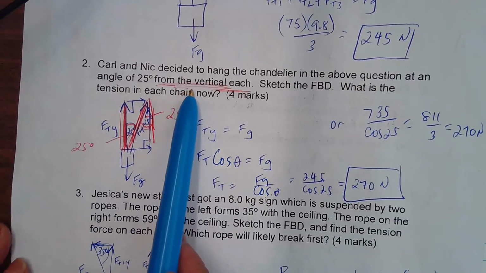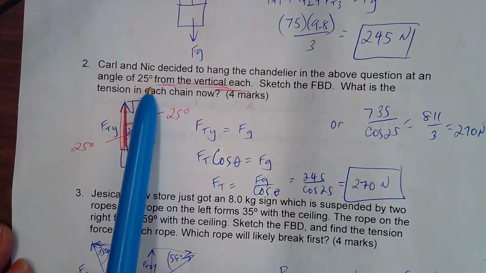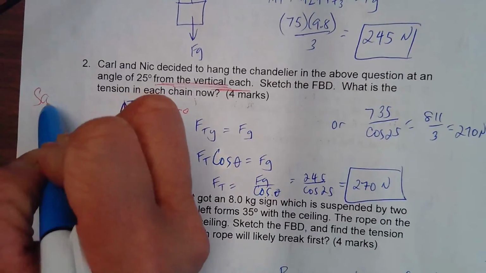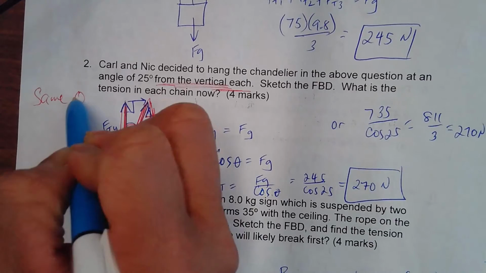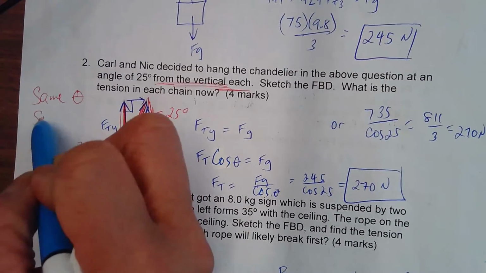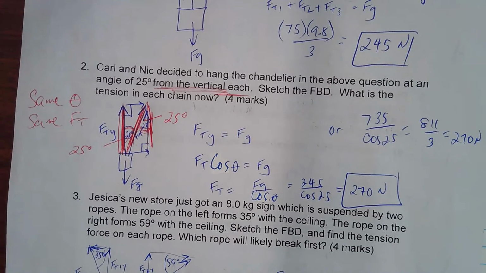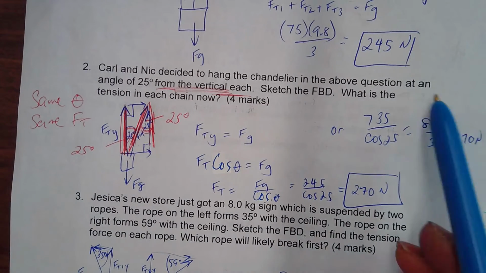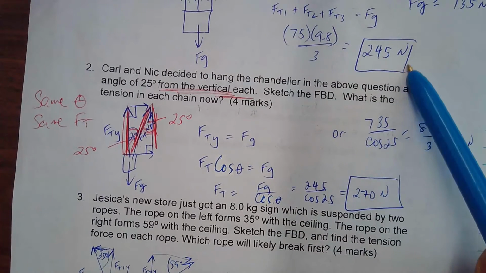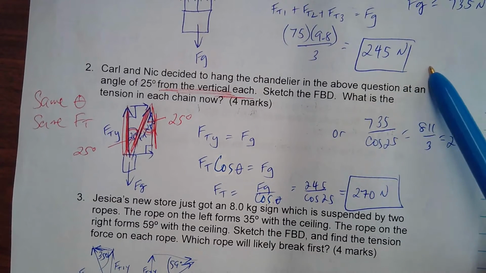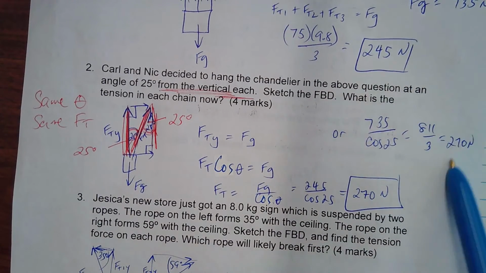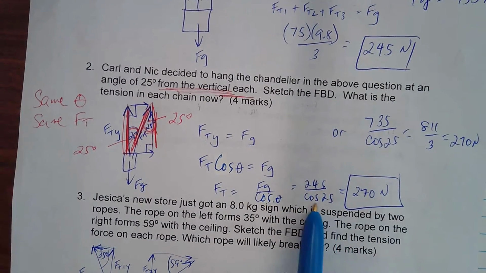Because the ropes are all the same again, and they're all the same angle, if you have the same theta for each one, they will have the same tension force. Does that make sense? Okay, and you just take that, because that is the tension force from the first question, 245 newtons.